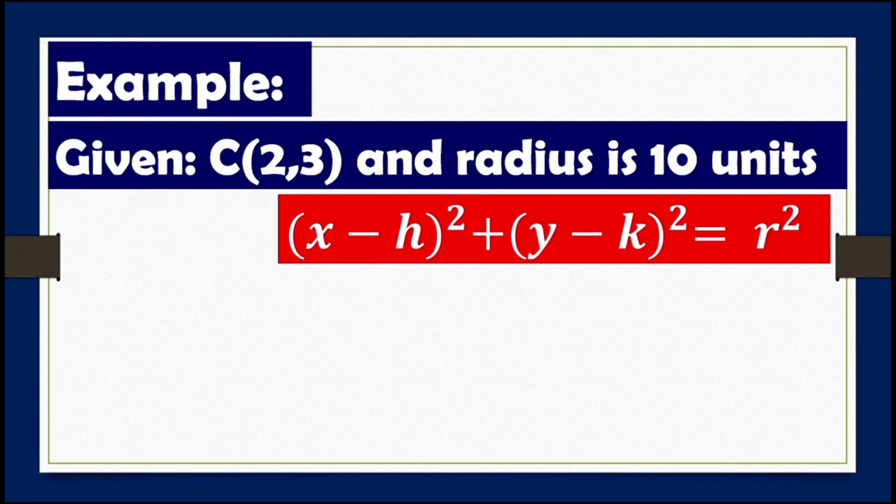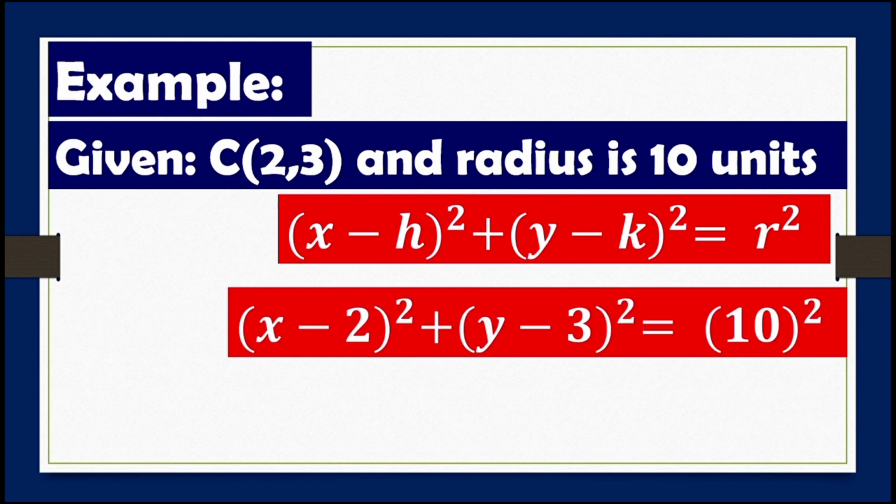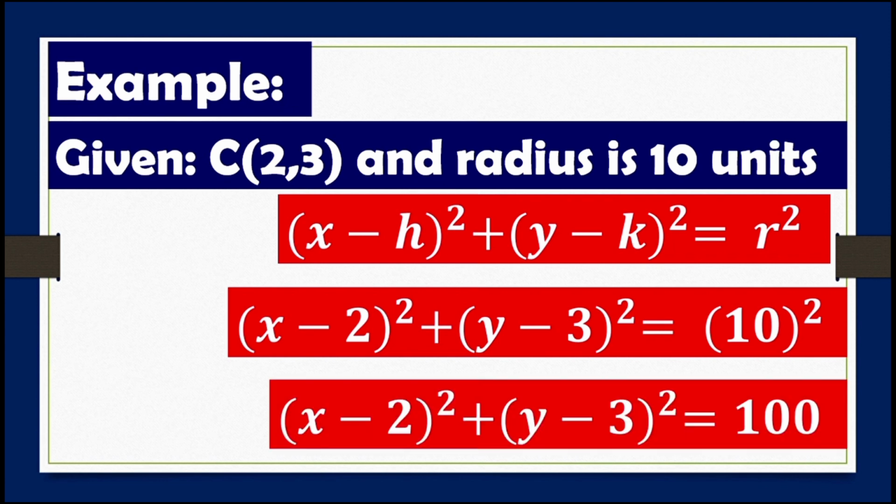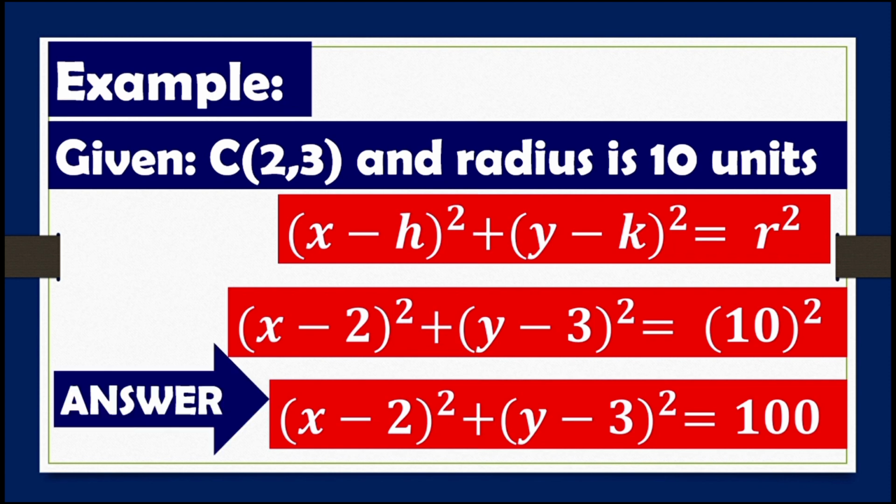So substitute the coordinates of our center and radius in our existing standard form. So we will have quantity x minus 2 squared plus quantity y minus 3 squared equals 10 squared. To simplify, 10 squared is equal to 100. In this case, the standard form of the equation of our circle is quantity x minus 2 squared plus quantity y minus 3 squared equals 100.